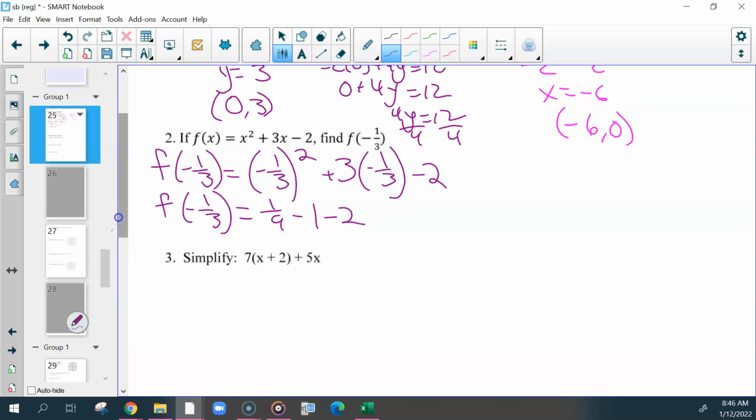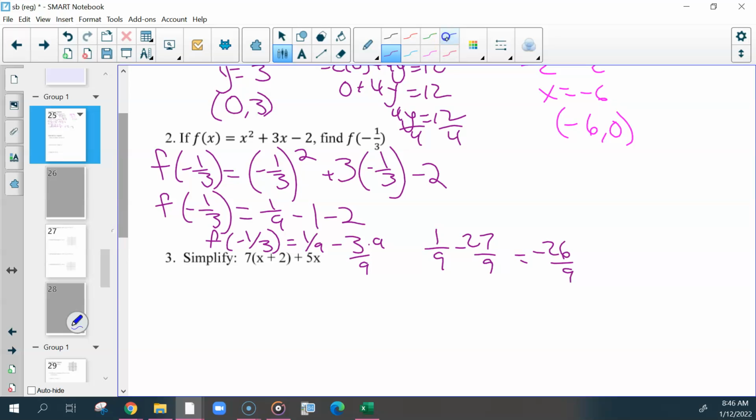So I have 1/9 minus 3. And you're going to need to change 3 to be a fraction over 9. We would get negative 26 over 9, which looks like it would simplify, but I don't think it does.